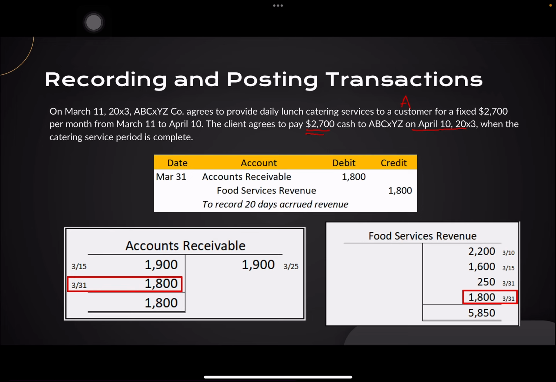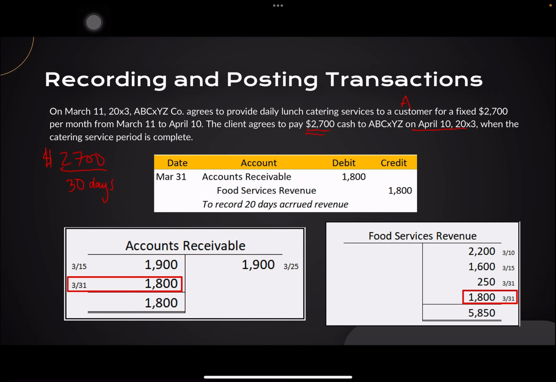What you need to do is divide the contracted amount, $2,700, over 30 days. How did I get 30 days? From March 11 to April 10, that constitutes 30 days or one month.